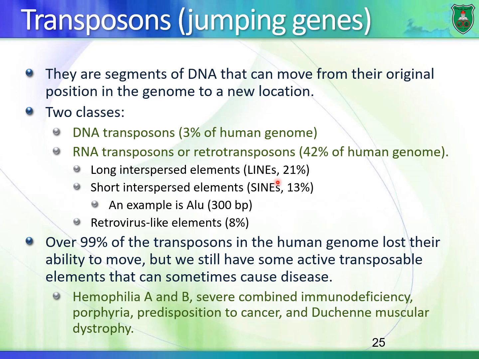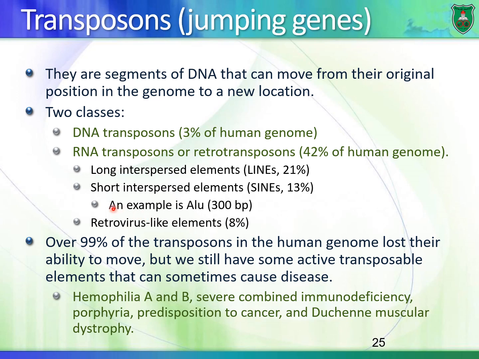So RNA transposons, retrotransposons, they make about 42% of the human genome. The majority is known as long interspersed elements or LINEs, and they make up about 21% of our genome. Then we have short interspersed elements or SINEs, and they make up about 13% of our genome.